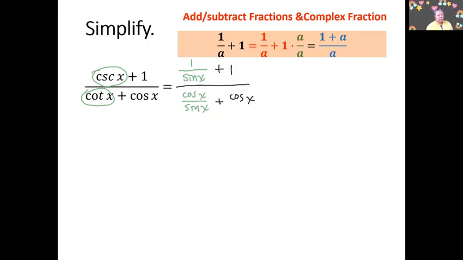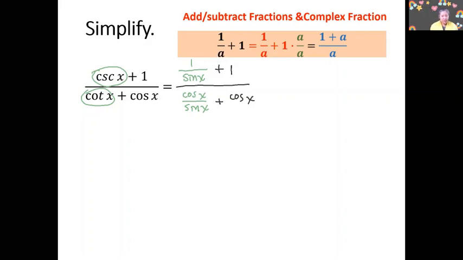If you are given 1 over a plus 1, then the integer 1 can be manipulated by multiplying by a fraction that has the same factor in numerator and denominator.